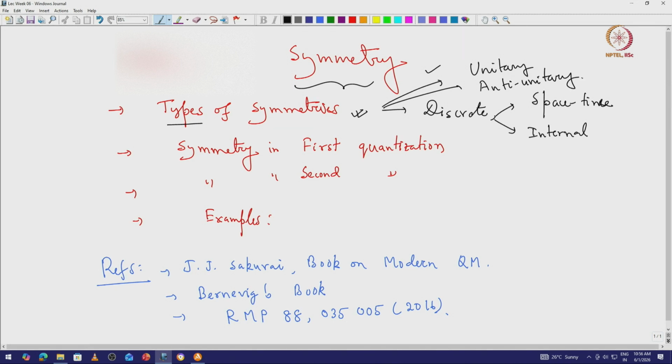So, we will pretty much talk about 3 to 4 types of symmetry which will belong to these things, and there will be few more which I will also talk about. And then especially in the condensed matter wave functions, we will first demonstrate how these things are applied in first quantizations, especially to demonstrate how things look like in real space and momentum space.